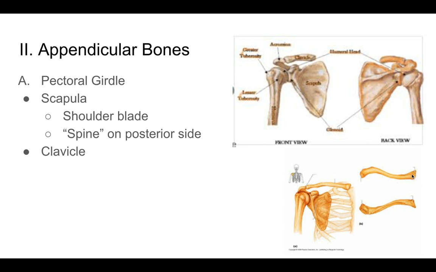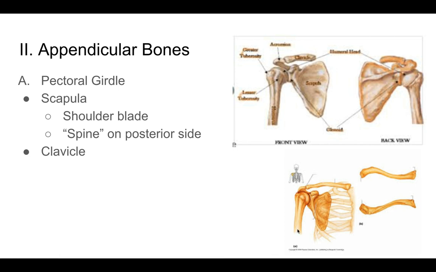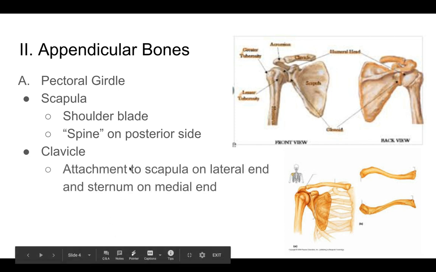This end is going to connect or articulate with your sternum. And this end over here is going to connect or articulate with a little bump that exists on your scapula, seen right here. And that creates this joint that allows for the arm bone here, the humerus, to connect or to articulate.